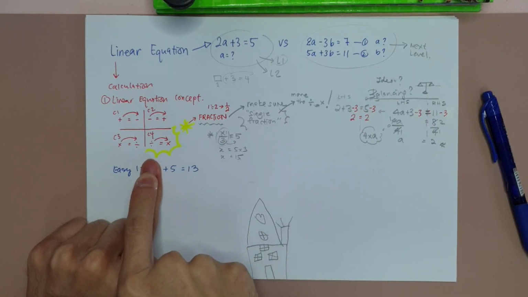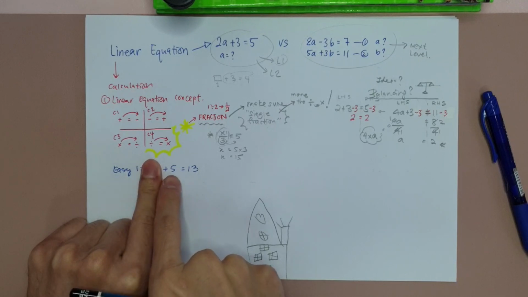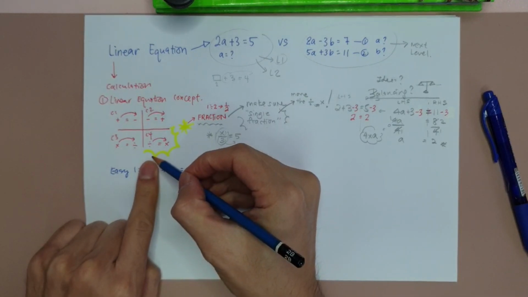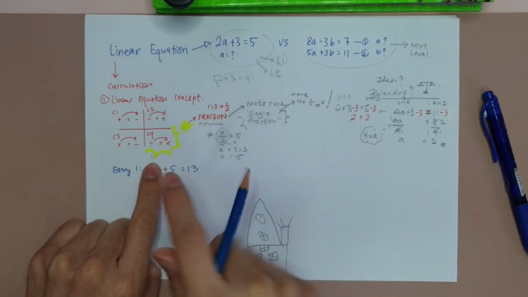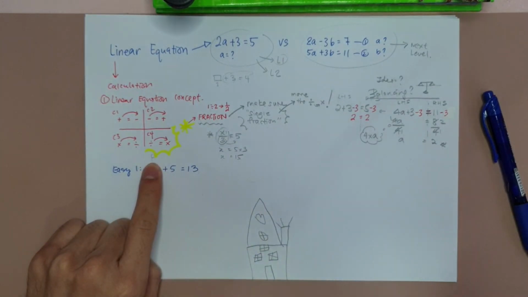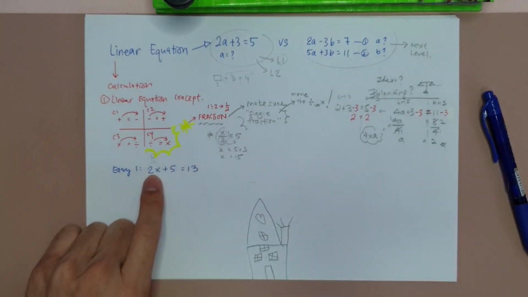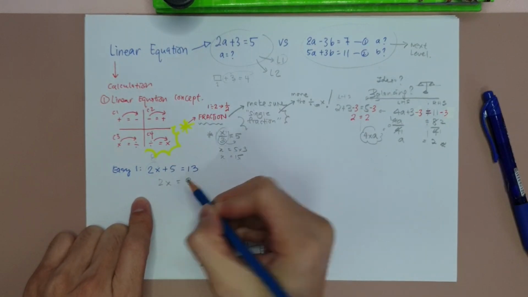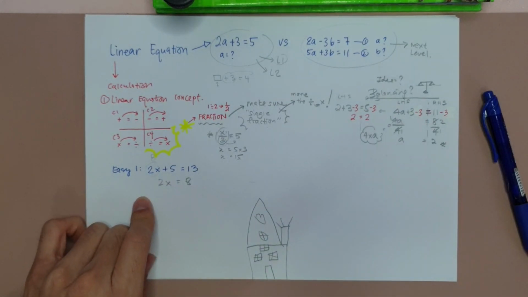I'm going to ask everyone, what plus 5 equals to 13? Agree or not, it's actually 8. So it means in your mind you know that the 2x is actually 8. Understand or not? Can you see I'm using logic?